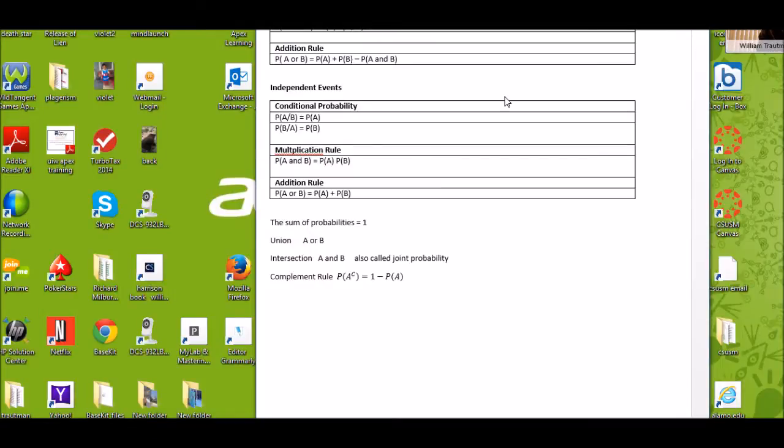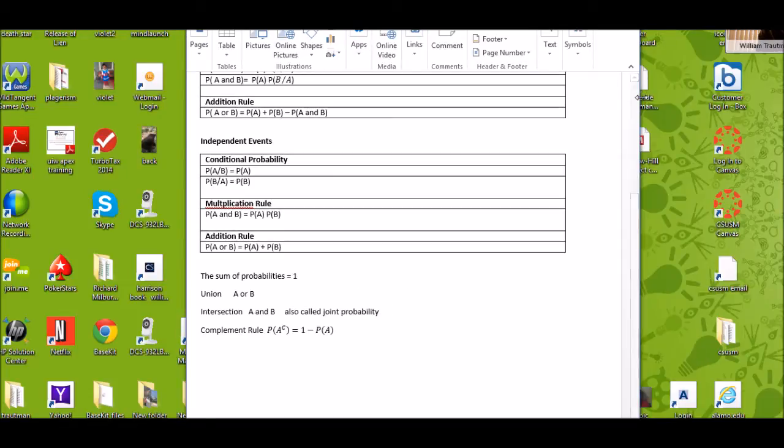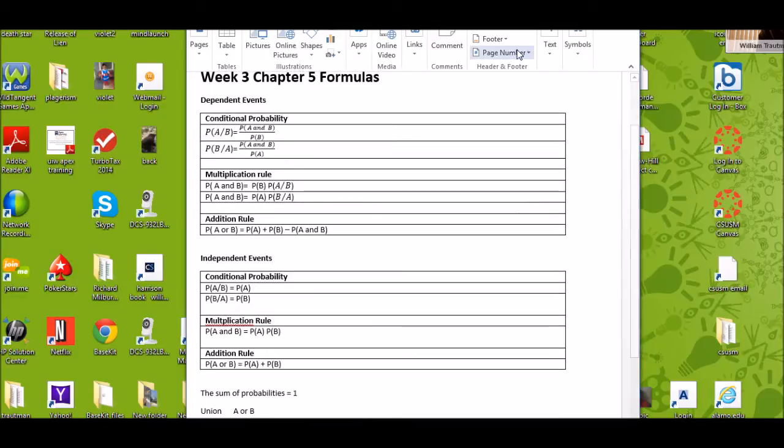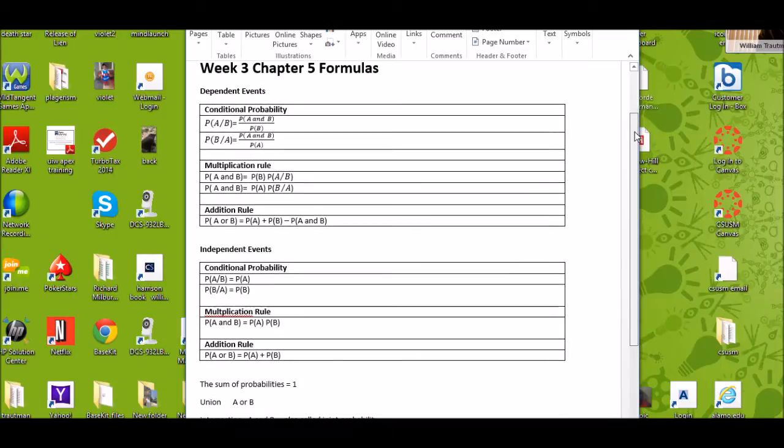There we go. So this is the week 3 formula sheet, and you can print that out or download it from the week 3 area.